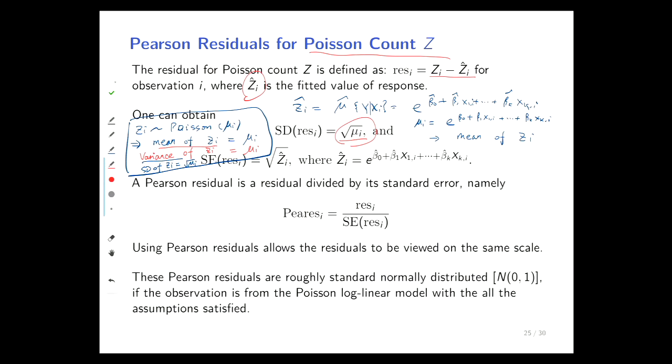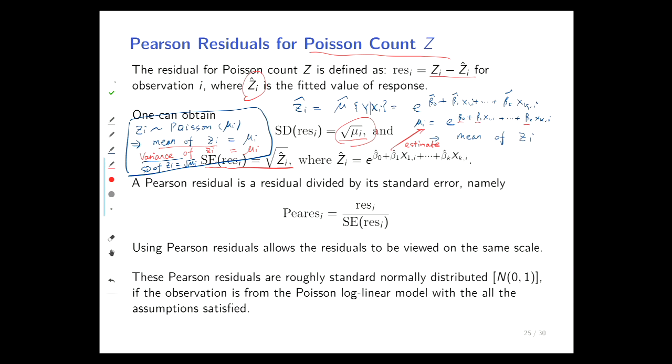Because mu i is unknown, since in mu i we have the unknown beta, what we can do here is replace those beta with the estimated beta, and then we can obtain the standard error. The standard error equals the square root of zi hat, and zi hat here is the estimate of mu i. Then we can define the Pearson residual, which is the residual divided by its standard error.